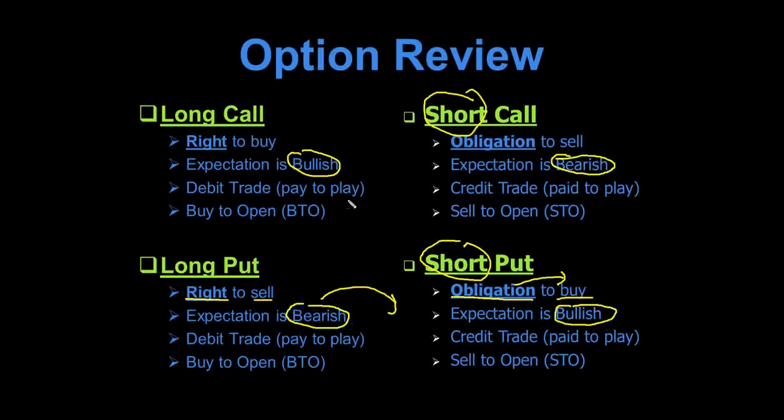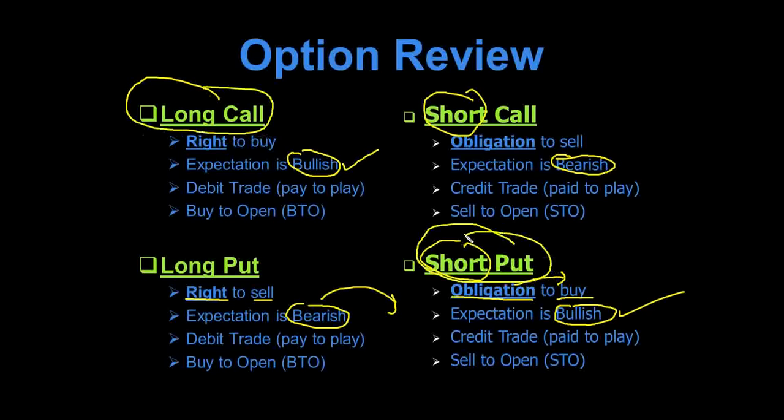So now I've got a bullish expectation here and a bullish expectation here. So I can play a bullish expectation using long calls, or I can play a bullish expectation using short puts. Likewise, I can play a bearish expectation using short calls, or a bearish expectation using long puts.